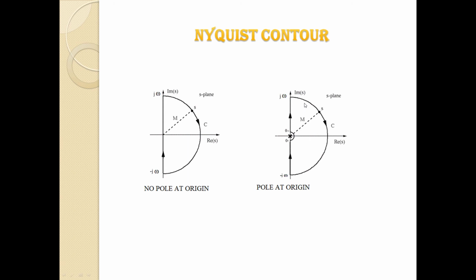That means in section 2, omega is varying from plus infinity to minus infinity with a semicircular arc of infinite radius, and for mapping we will put s equal to limit r tends to infinite r e to the power j theta, and theta is varying from plus pi by 2 to minus pi by 2. And section 3, that is omega is varying from minus infinity to 0 minus, is again the mirror image of section 1.